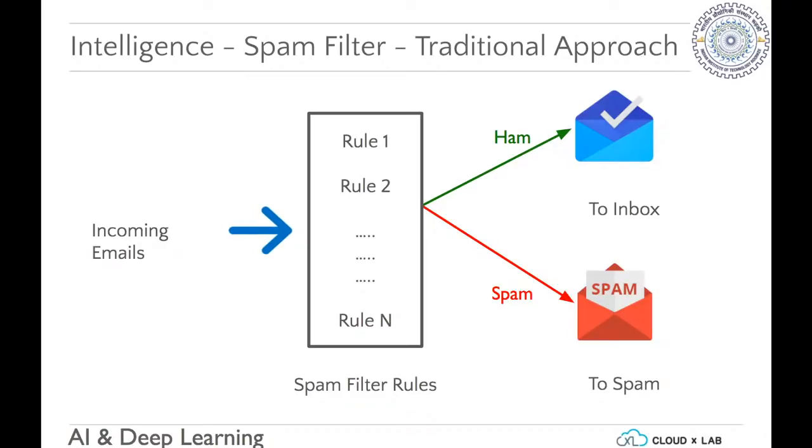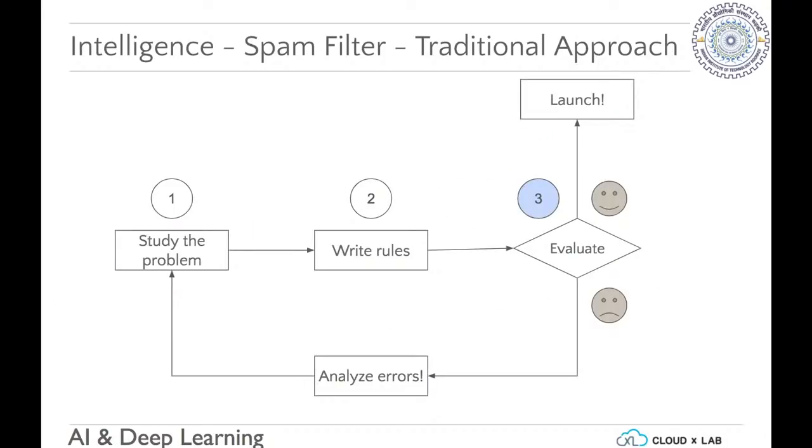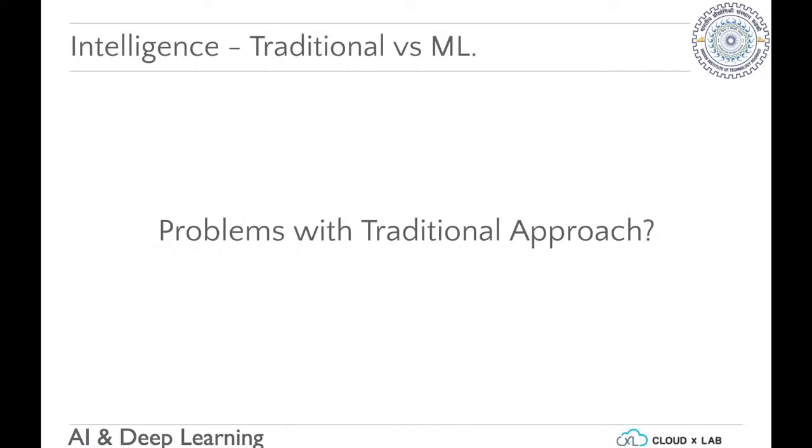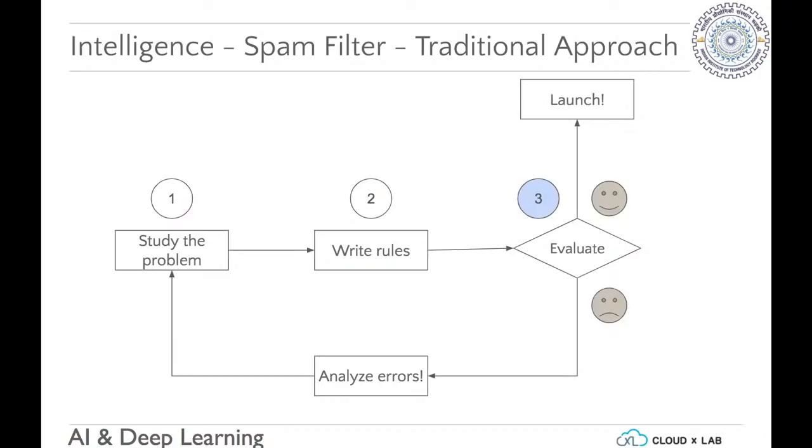You have incoming emails, they're passing through the rules written by the people as in engineers or scientists or data analysts, and then those rules are deployed in production, and the system is basically executing those rules and putting emails into spam or inbox. Now, you evaluate this model and push it to production if it is working well.